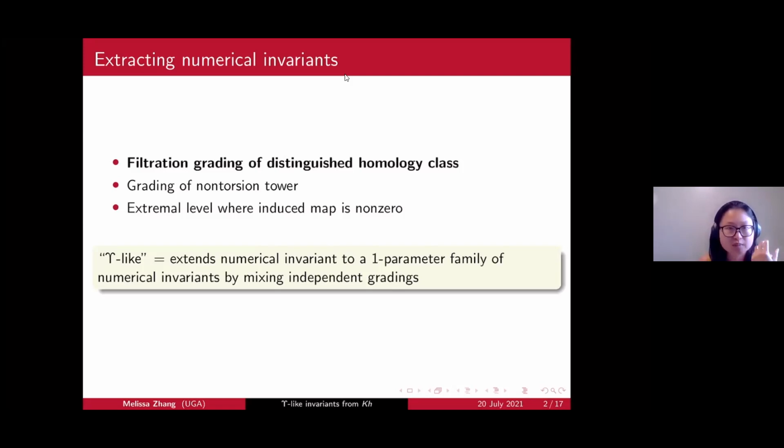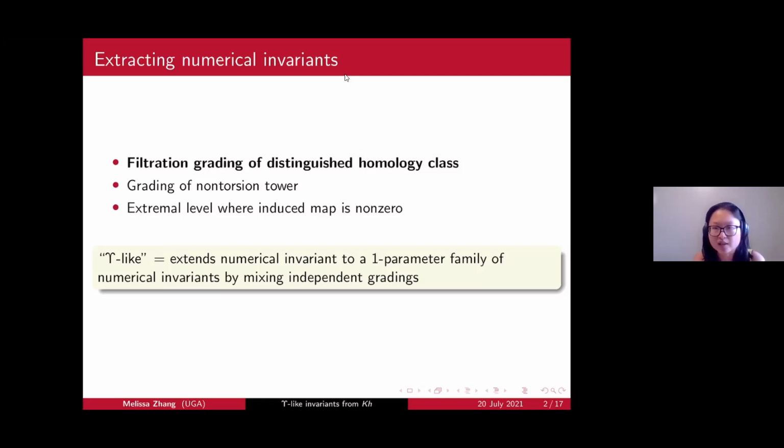Okay, so this brings us to what it means for an invariant to be Upsilon-like. To me, that means that you're extending a numerical invariant, such as Rasmussen's S invariant, to a whole family of numerical invariants. And a typical way of doing this is just to take multiple independent filtration gradings and then mix them linearly.